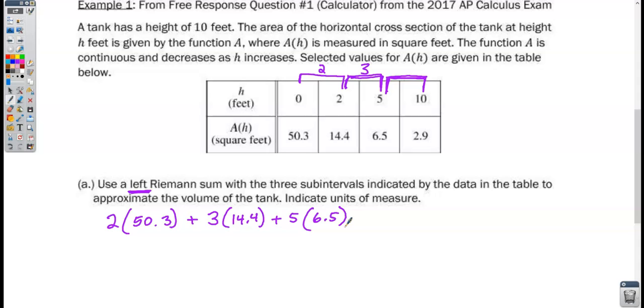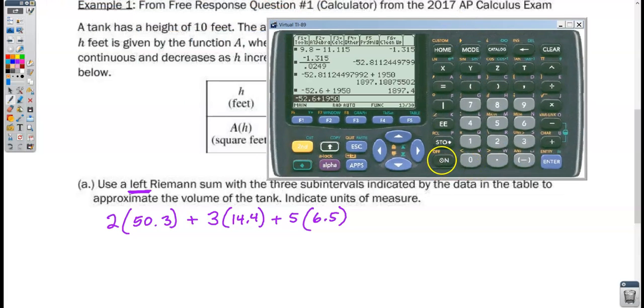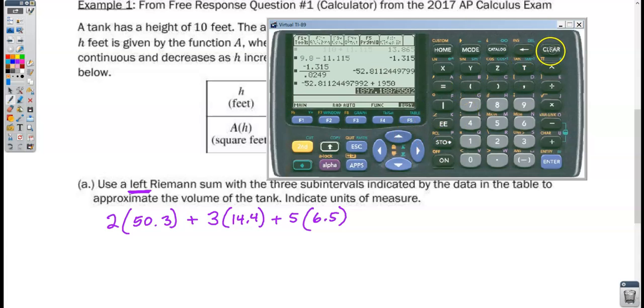And so now all I need to do is calculate this, and this is a calculator problem, so I'm going to break out my calculator. I've got 2 times 50.3 plus 3 times 14.4 plus 5 times 6.5.